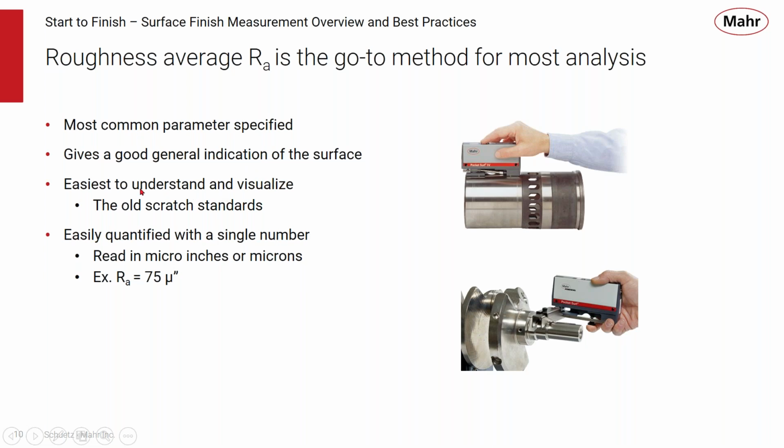It's easy to understand, it's visible, it's better than the old scratch standards. And it's easy to quantify because knowing that Ra equals 75 microinches, for example, you can tell by a larger or a smaller number whether the roughness average is larger or smaller. So it's a good way just with a value to quantify the surface, and it's easy to understand.